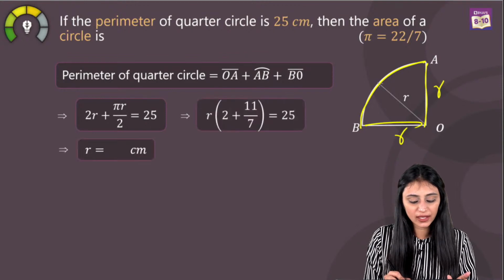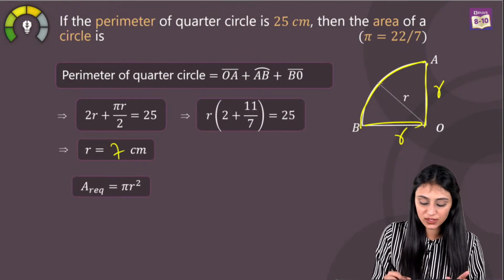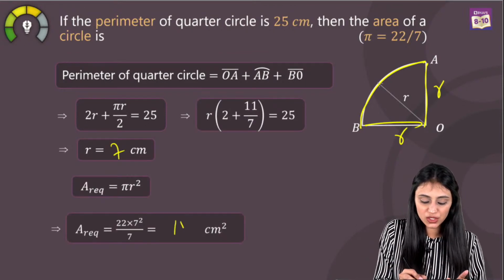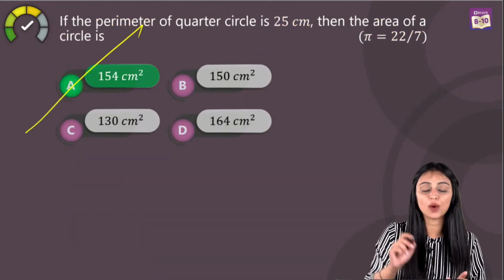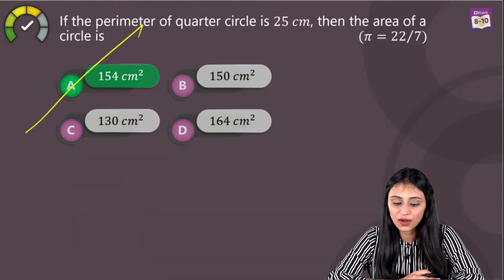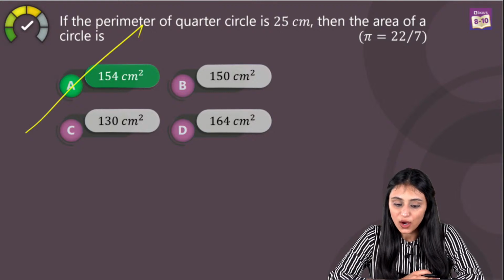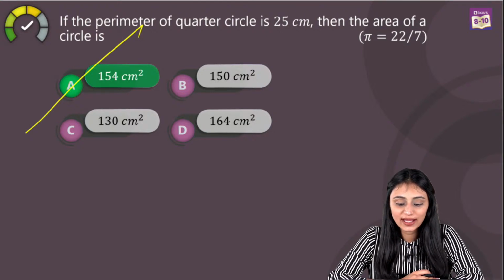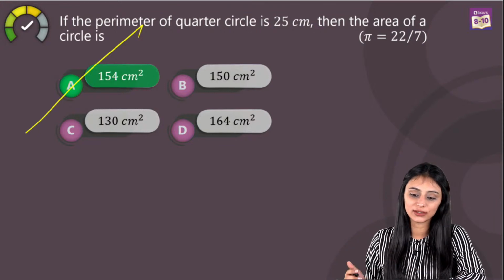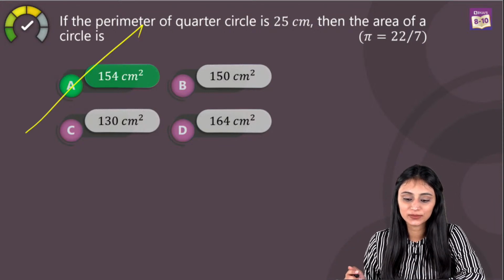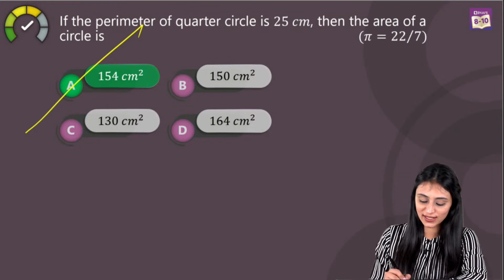So we substitute the values and we get R as 7 centimeter. Then you find out the area, which is 154 centimeter square, which is option A. All right. Yes, Prayag, Ishtiaq, Jasra, Ritika, Papiya, Saksham, option A is the right answer.